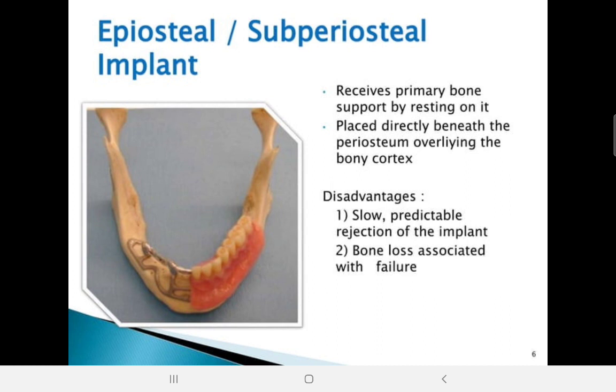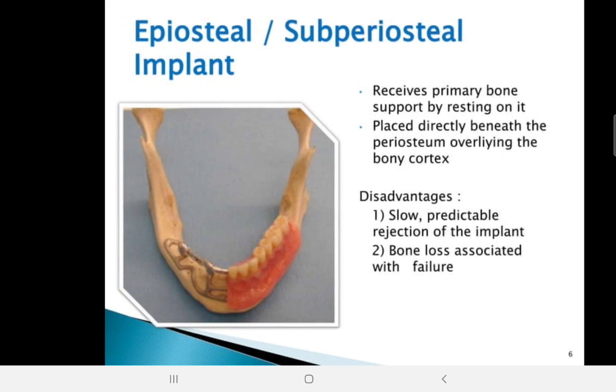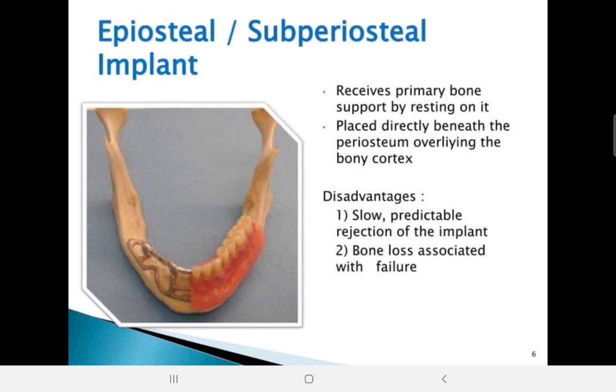Coming to epiosteal or subperiosteal implant. The epiosteal or the subperiosteal implant receives primary bone support by resting on the periosteum. It is placed directly beneath the periosteum overlying the bony cortex.